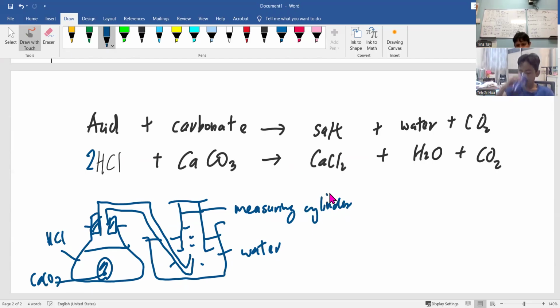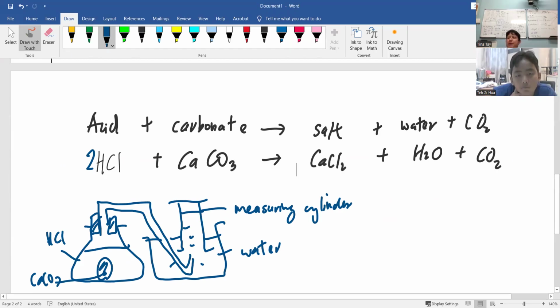Tell me, how will this measure the carbon dioxide? What will happen? The gas will flow through the delivery tube, and then what will happen? It will push the water down, and so you can measure the volume of gas collected like this. Can you understand? Okay.